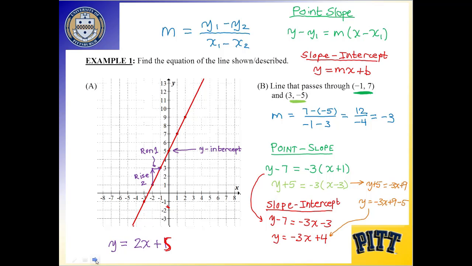That's another reason why slope-intercept form tends to get used more often. If there's any difference between two equations in slope-intercept form, they're two different lines, whereas in point slope form, differences may or may not mean they're the same line. You can have many different representations of the same line in point slope form, but in slope-intercept form, there is one equation for every line that could possibly be made.